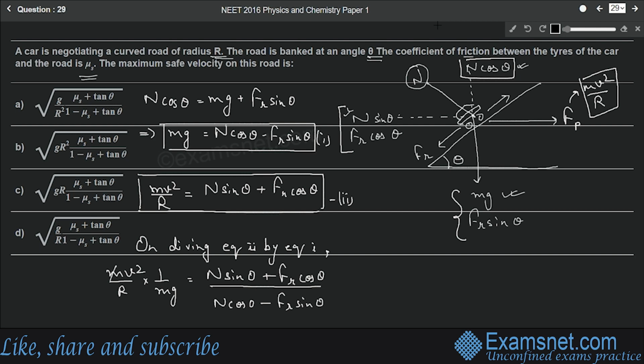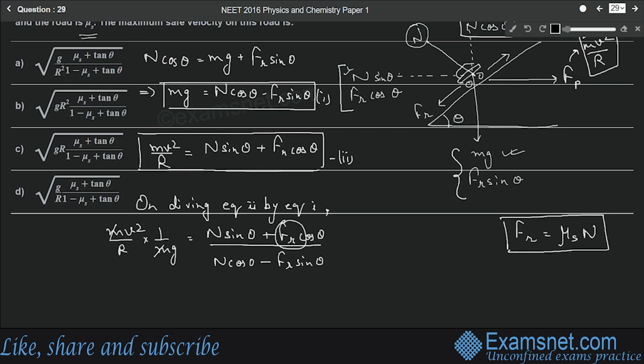So this m cancelled on the left hand side. Also we know that the frictional force is equal to the product of coefficient of friction, that is mu s as given in the question, and the normal. So frictional force is equal to mu s into n. So we can put this value in place of Fr.